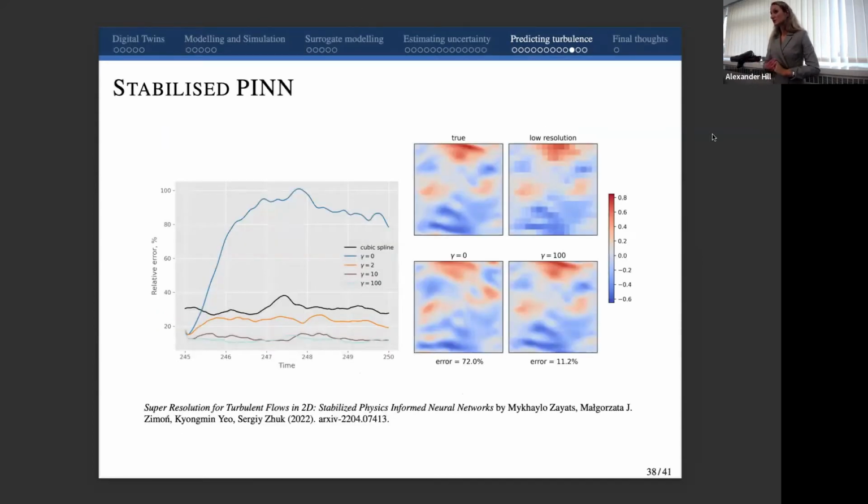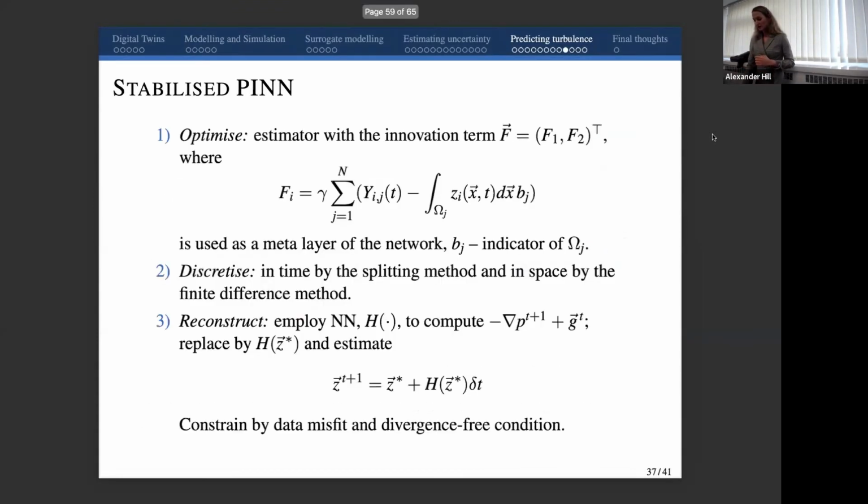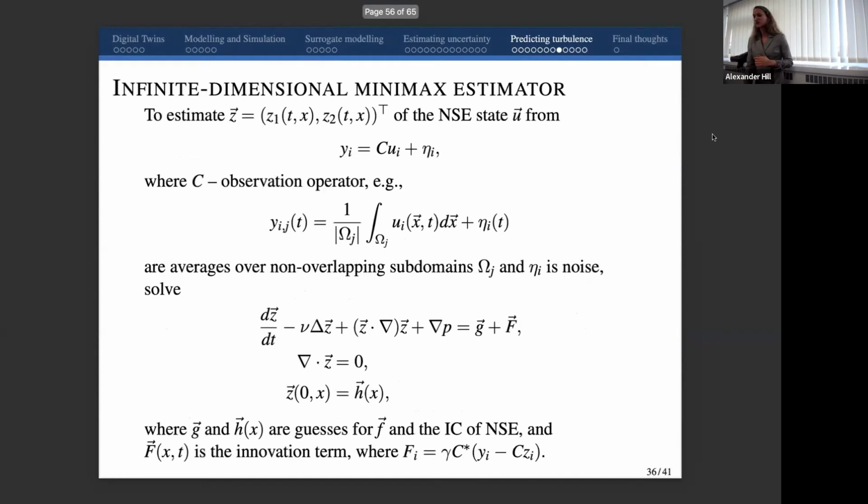And here are some of the results. Gamma here is related to the innovation term that you saw. All it's doing is increasing or reducing the influence of the data that's coming in. So the higher gamma, the more important the data is.